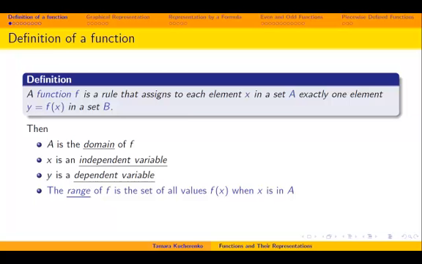The range of f is the set of all values f of x, as x varies throughout the domain A. Note here that the range of f does not have to coincide with the set B. The set B is generally larger than the range and is referred to as the codomain of f.